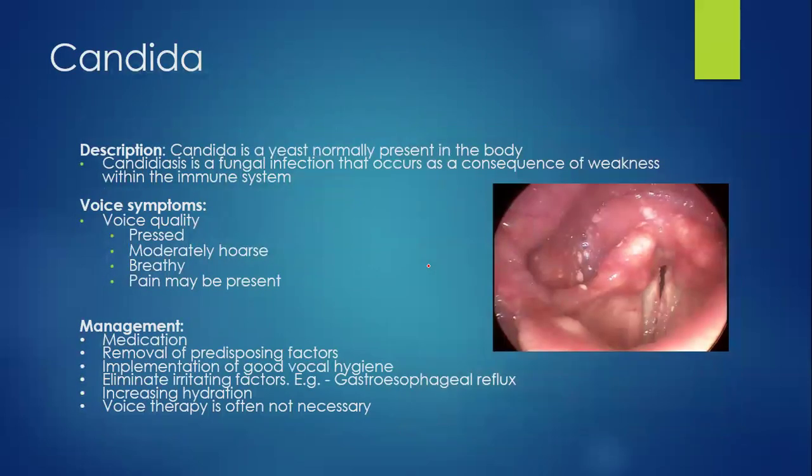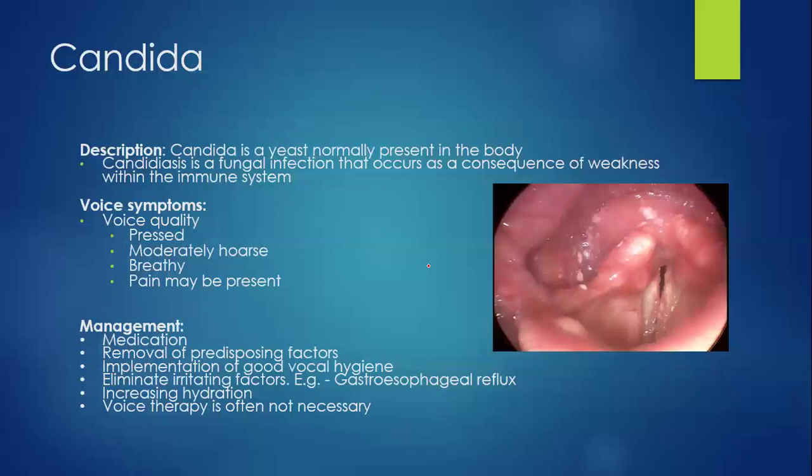The next is Candida, and Candida is a yeast infection that can be present in different parts of the body, and it can also be present in the laryngeal area. And usually it results in a person having a pressed vocal quality, breathy, pain may be present sometimes.